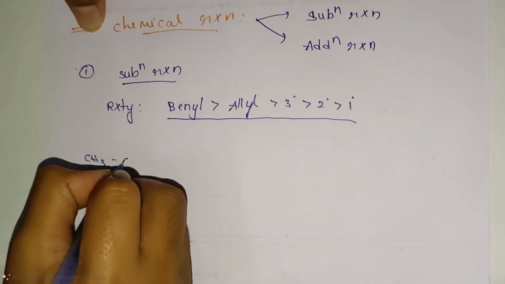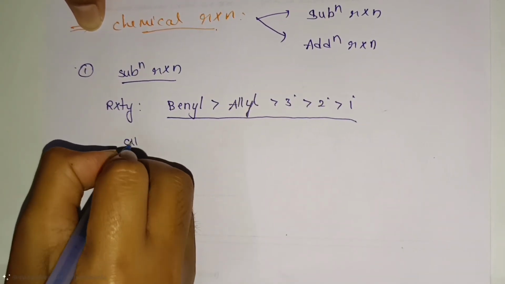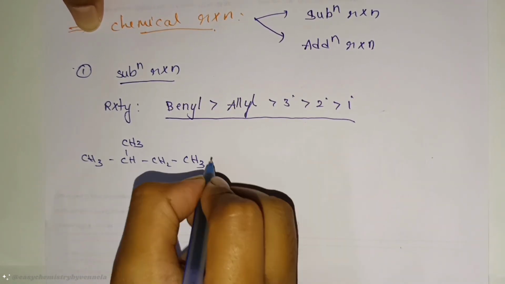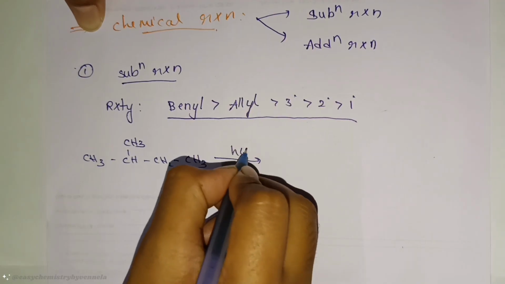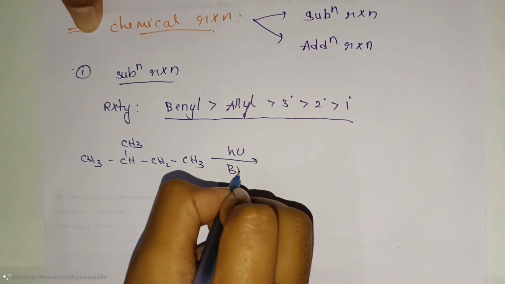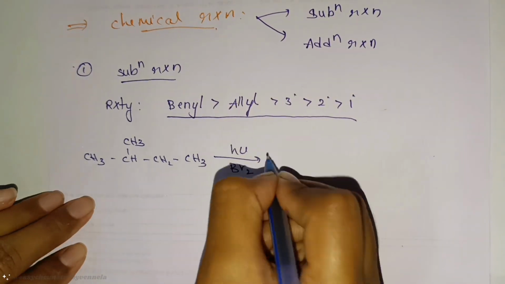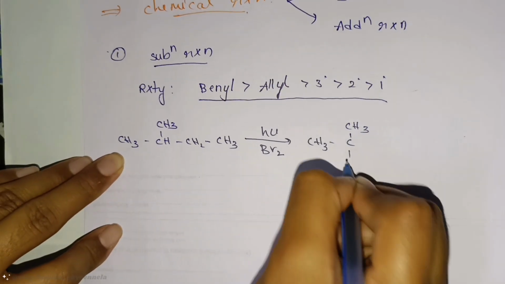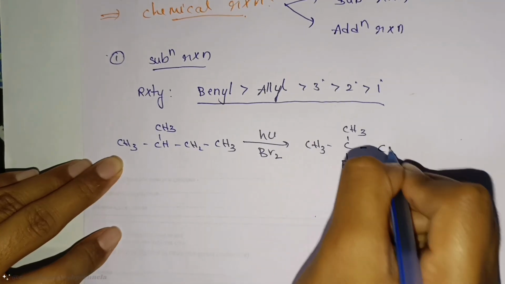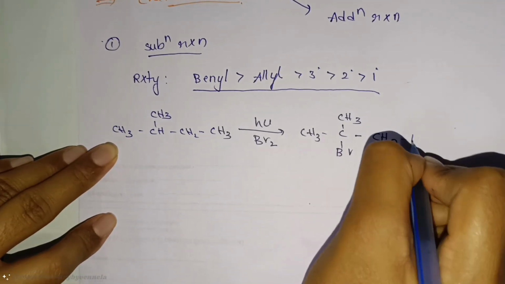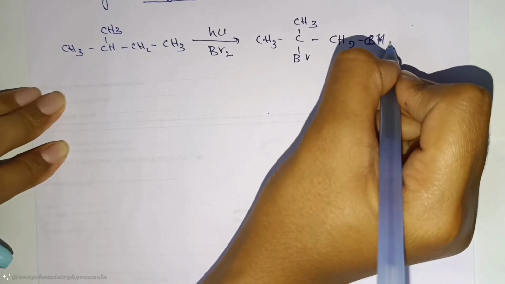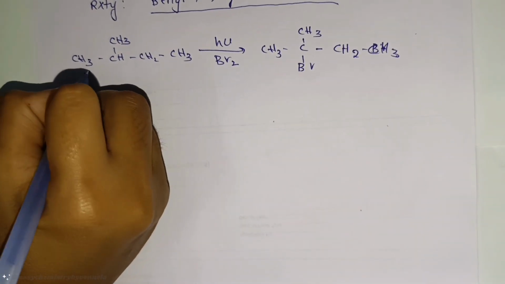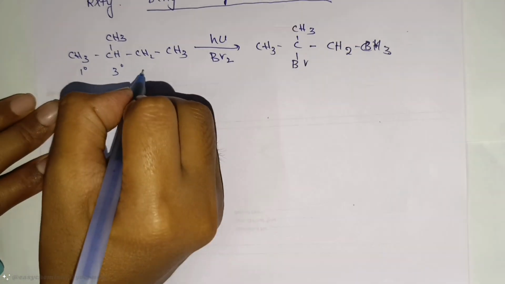Example: in presence of h nu and Br2, it forms CH3, CH3, bromine, CH2Br. Here CH3. This is primary, this is tertiary, this is secondary.